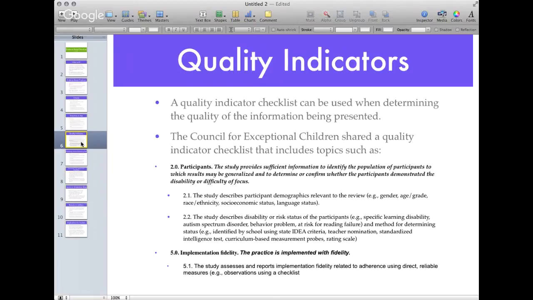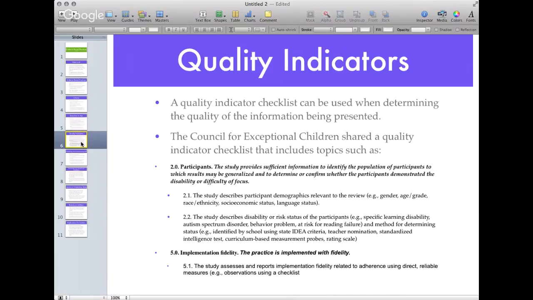Is it autism spectrum disorder, a behavior problem? And does it give a method for determining the status? Is it identified by the school using the state IDEA criteria? Is it a teacher nomination, a standardized intelligence test? All those things are things to look for within the article or study that you're looking at.